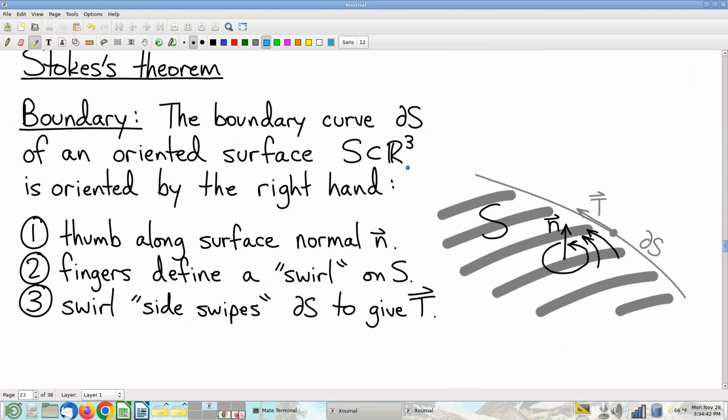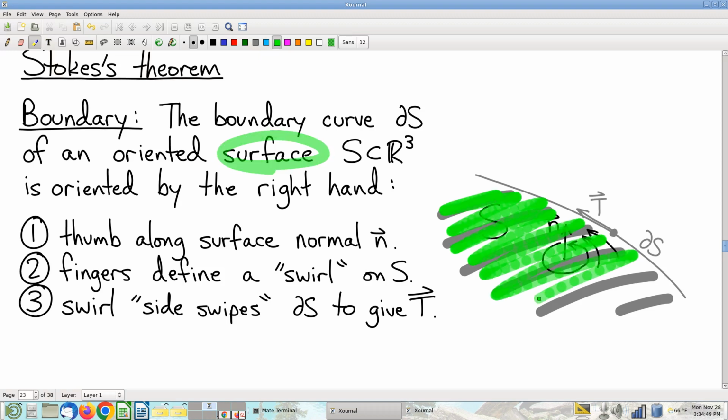So our 2-dimensional thing is still 2-dimensional, but living in 3 dimensions. All right, so what do we mean by boundary? First off, the surface. What do we mean by the boundary of a surface? I like to think of this in a couple different ways. For one, the simplest way to think about it is that it's where the edge is.